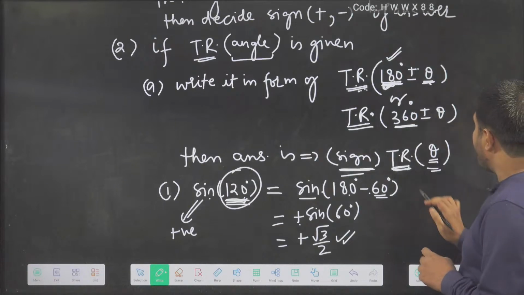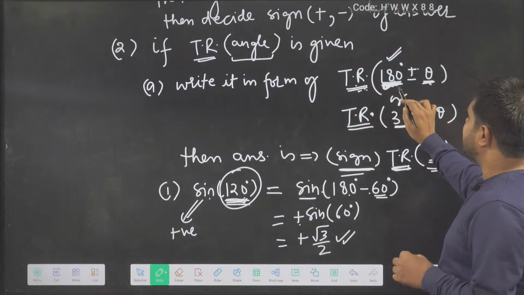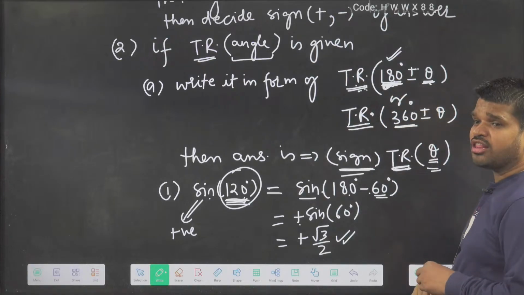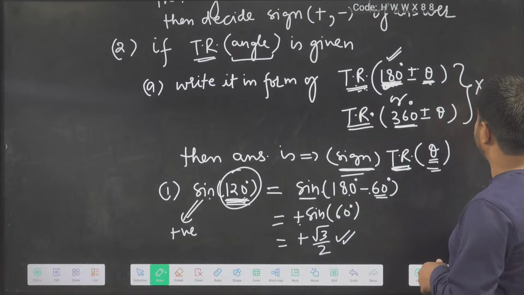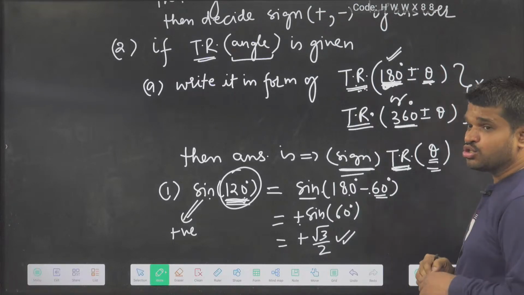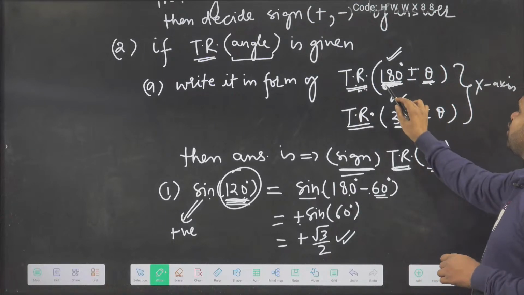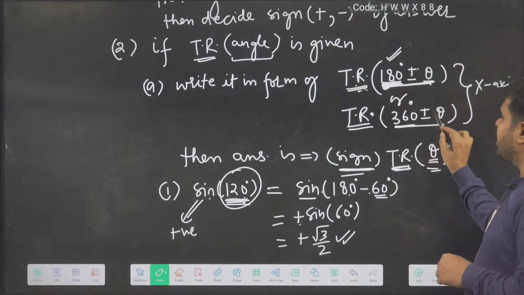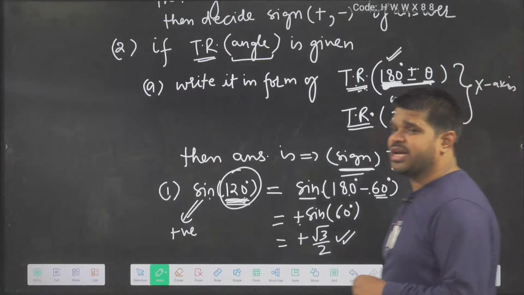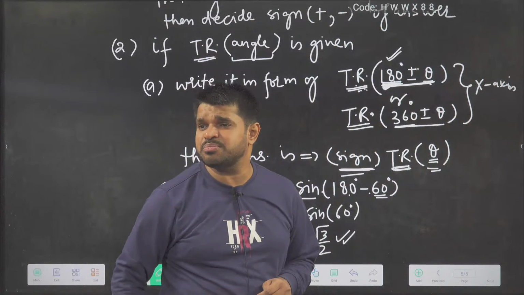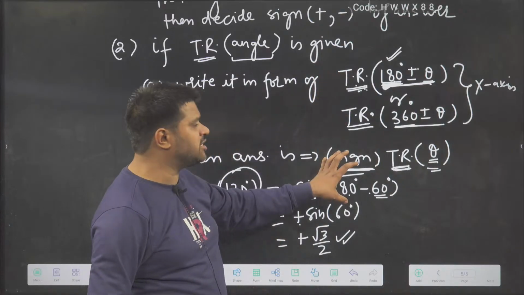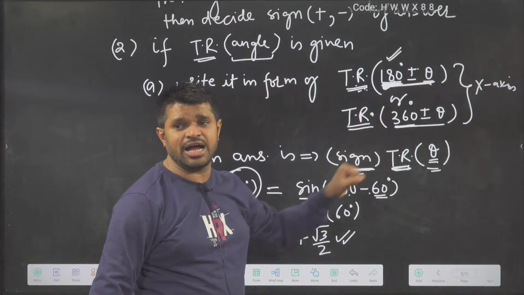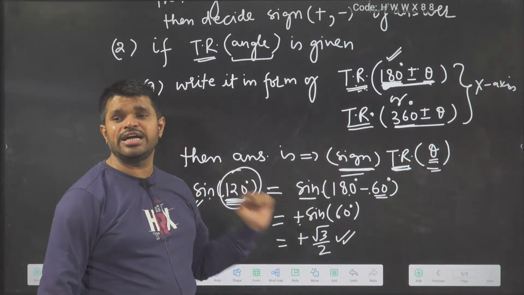So when you write an angle using 180 degree or 360 degree, you are using the x-axis. So remember, whenever you express an angle in the form of 180 plus minus theta or 360 plus minus theta, the ratio remains as it is. You have to paste the angle, and before that you have to write the sign.